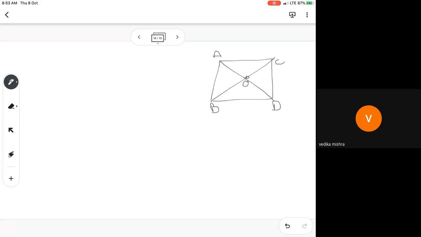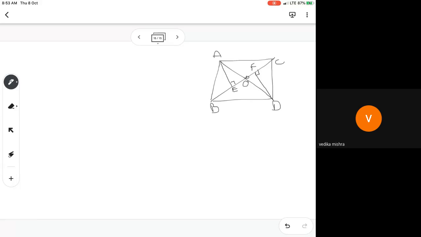So now what to do here to find this? It is asking you to find the area of ABC. For that purpose, you drop one perpendicular from A to BC and draw the perpendicular from D to BC. So let us name these points: E is one point and F is the other point.